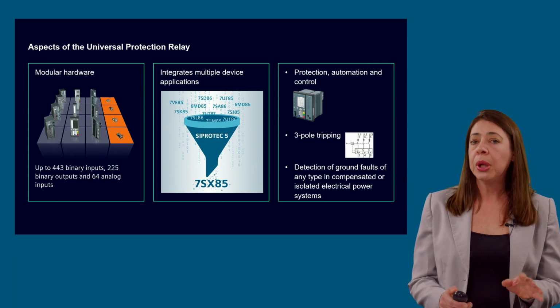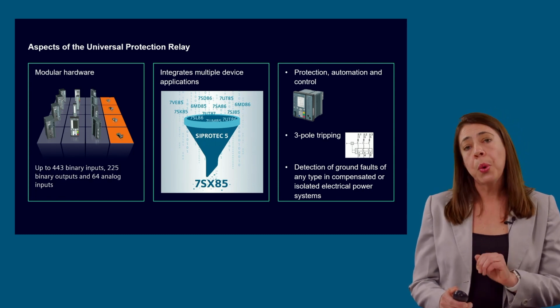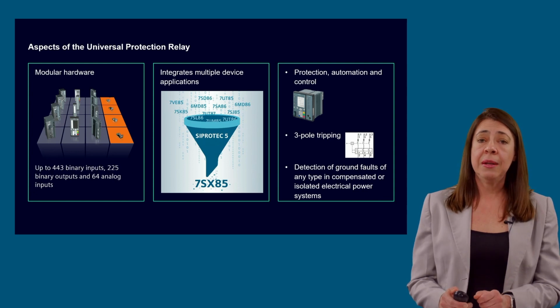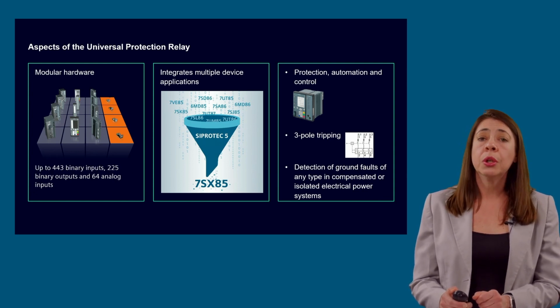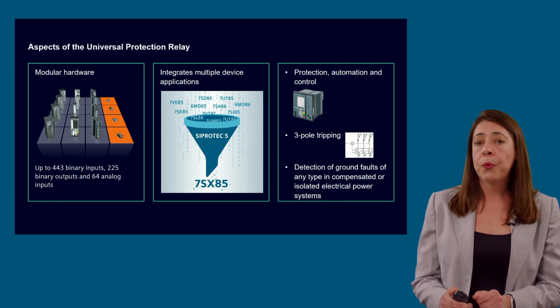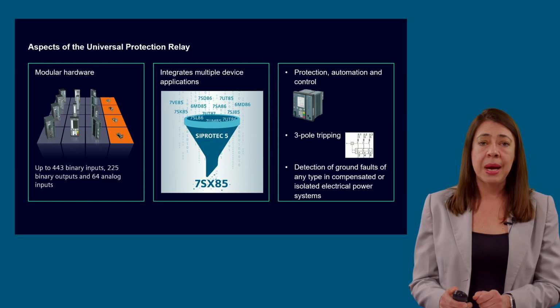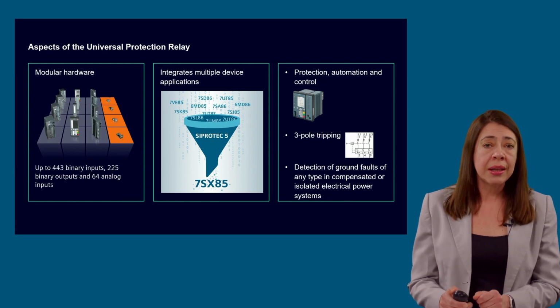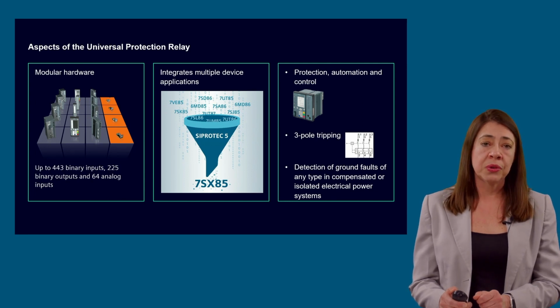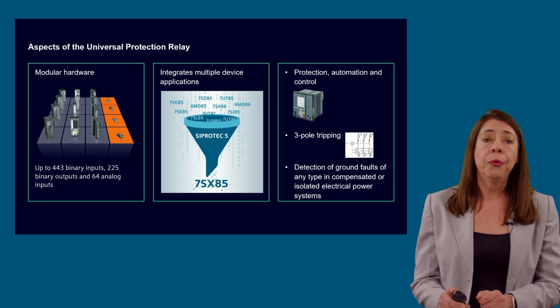One with more inputs than outputs and the other one with more outputs than inputs. Additionally, all I/O modules can be used to extend the capabilities of the device up to 443 binary inputs, 225 binary outputs, and 64 analog inputs. And up to 4 plug-in communication cards can be added.